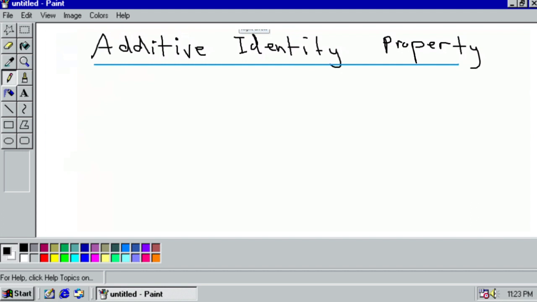So it's like this. Any number, let's say A, this is pretty easy actually. When we add 0 to A, that is the same. So this means 0 is our additive identity.